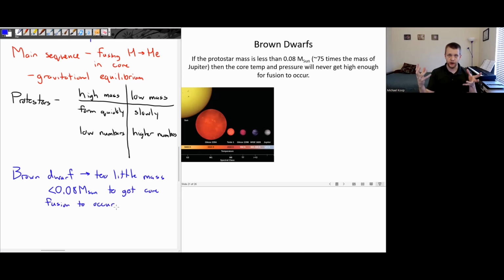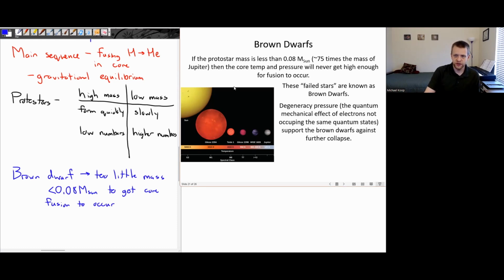They don't have enough gravitational energy to generate those high temperatures. They don't reach a high enough density to actually, again, achieve fusion reactions. So these failed stars are known as brown dwarfs.